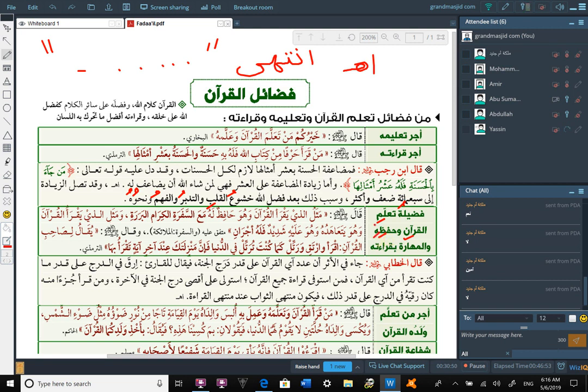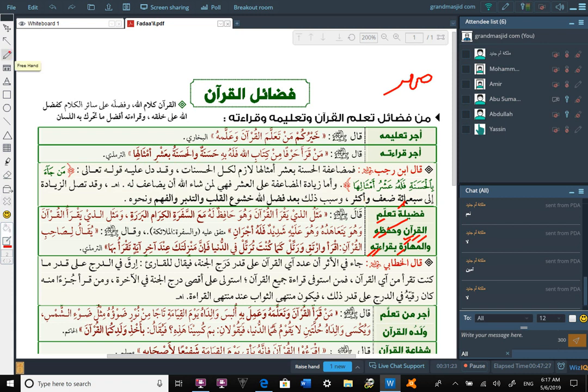Hifdh. Fadilatu hifdhihi. So it is mudaf ilay to fadila still. Fadilatu hifdhihi, the virtue of its memorization. Wal maharati bi qira'atihi. Mahara comes from the root mim ha ra. Here it means to be, and it has to do with the meaning of being an expert.